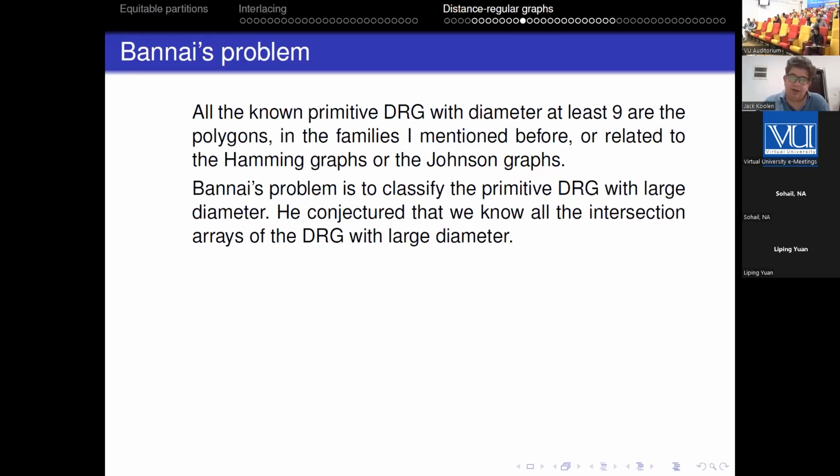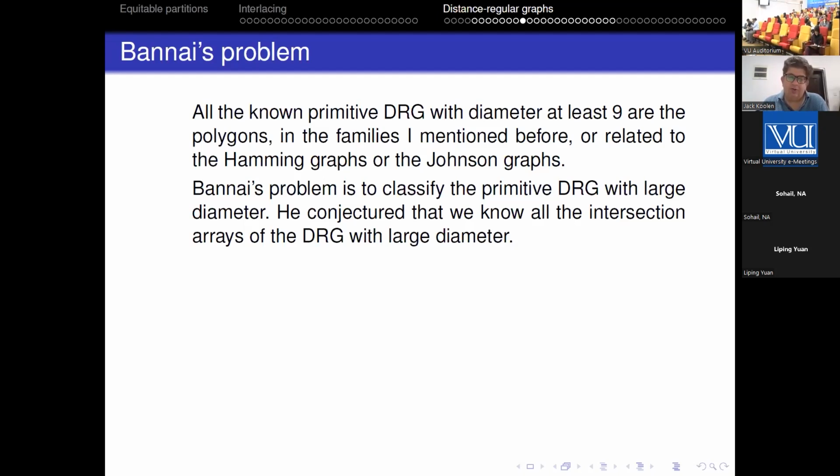That is what I mean by those graphs. And one nice problem is to classify the distance regular graphs with large diameter. What is large? Maybe it is 9. That is my guess, but we don't know what is the right diameter to assume.